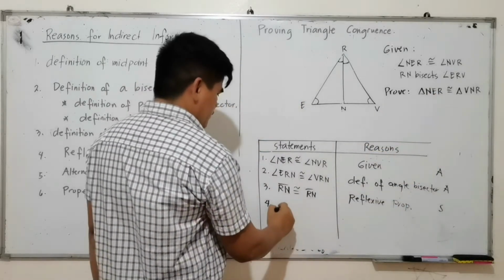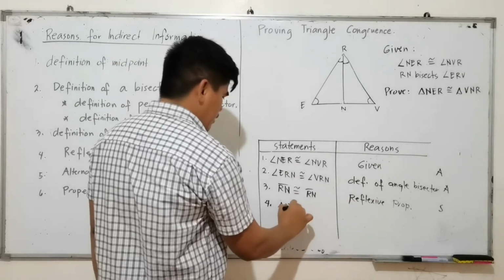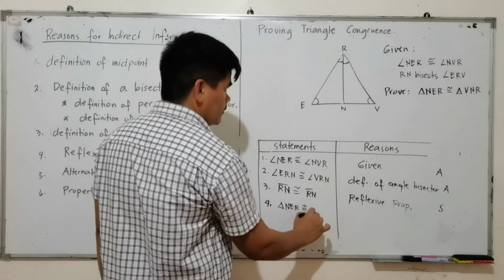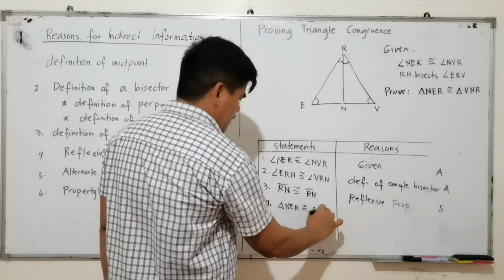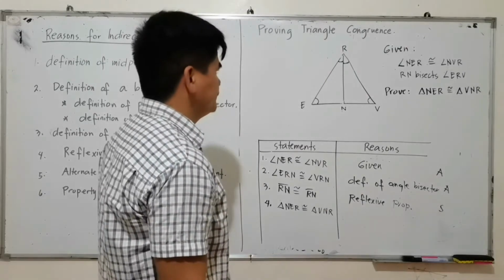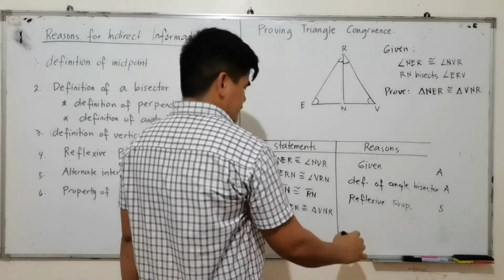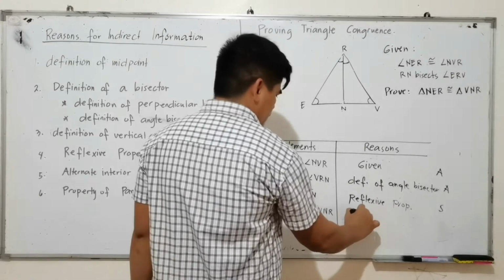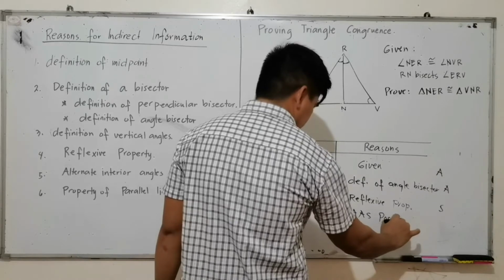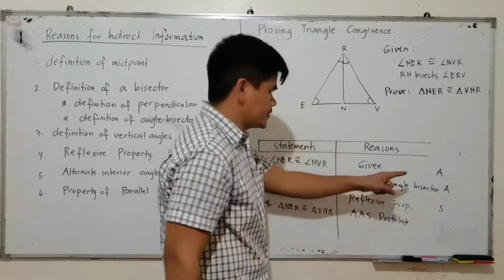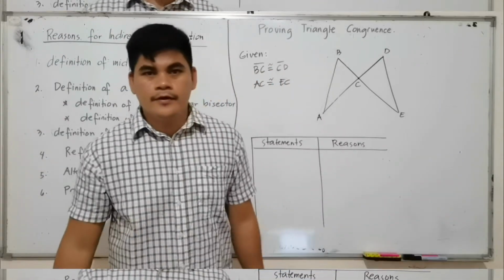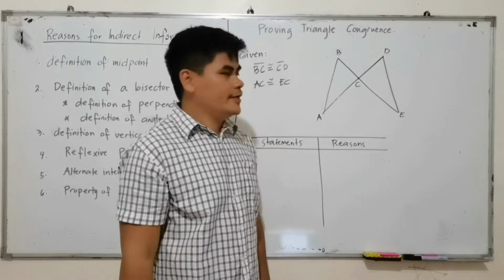We have triangle NER is congruent with triangle VNR by AAS postulate. Okay, look at this. Angle, angle, side postulate. That's it.